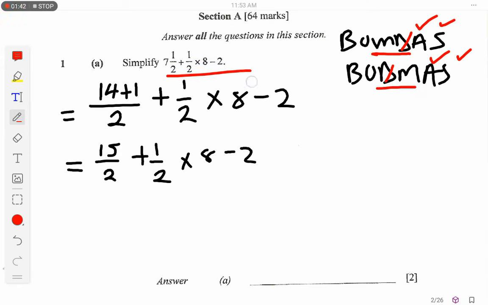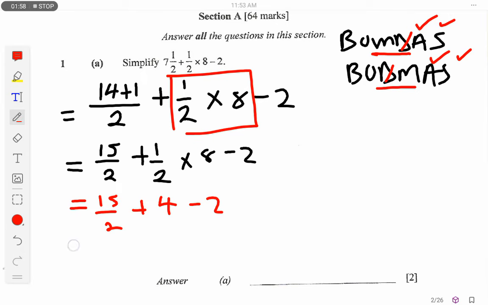So we are going to multiply half by 8. When we multiply half by 8, we get 4. So this is going to be 15 over 2 plus 4 minus 2, like that. So if I want, I can write my 15 over 2 as 7.5 plus 4 minus 2.